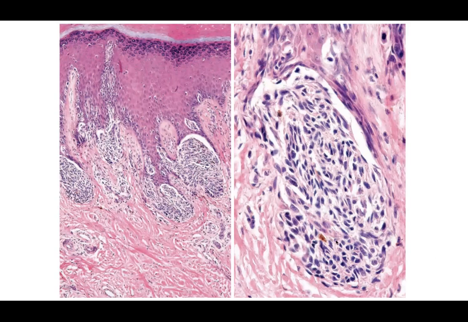Now, doing an HMB45 would not be very helpful for a predominantly junctional proliferation, because HMB45 is usually expressed at high levels in junctional and superficial dermal melanocytes. And usually the benign immunophenotype is that you're going to have decreased expression with descent. However, PRAME is usually not expressed at all in benign acral melanocytes, or maybe sparsely, but if you found diffuse PRAME expression, that would be a worrisome finding.